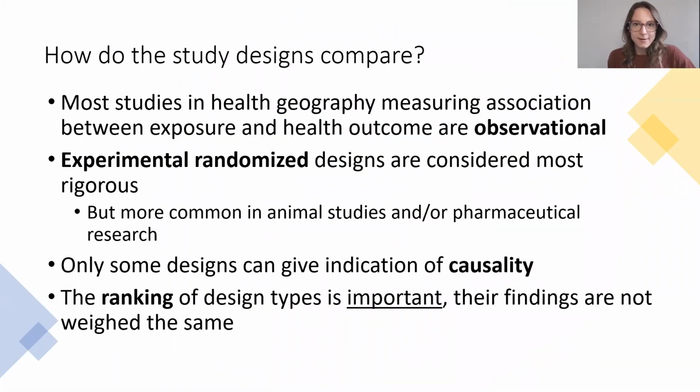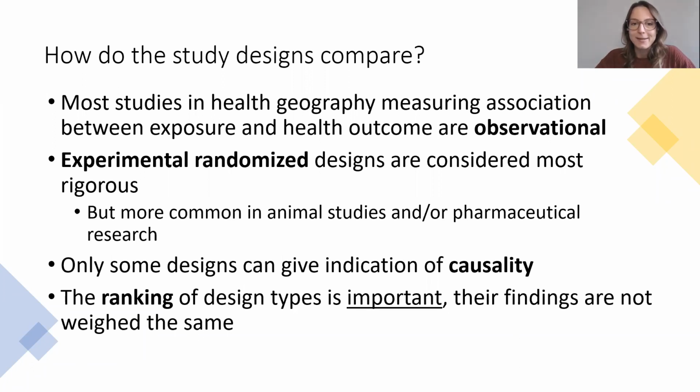Now, how do these study designs compare? Most studies in health geography do measure association between some exposure and some health outcome, and most of them will be observational. Again, we talked about this towards the end of the last lecture, why it's quite rare to see experimental designs in the context of health geography, especially using humans.